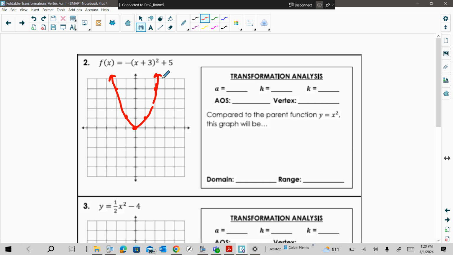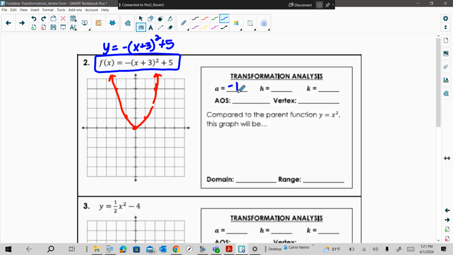So this is the new function. F of x is the same thing as saying y equals negative (x plus 3) squared plus 5. So what is the a value here? Where is the a located? Yeah, it's negative what? -1.